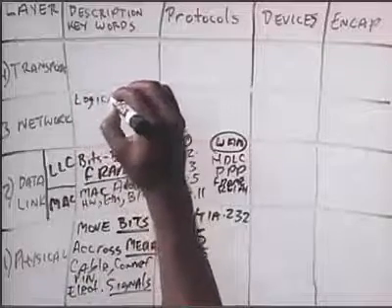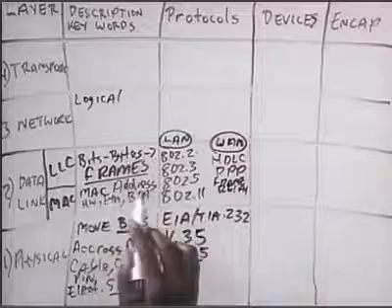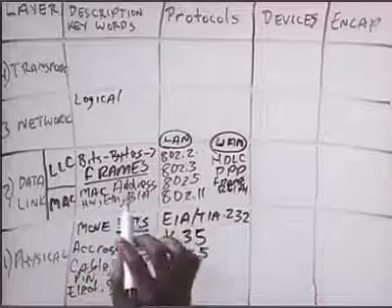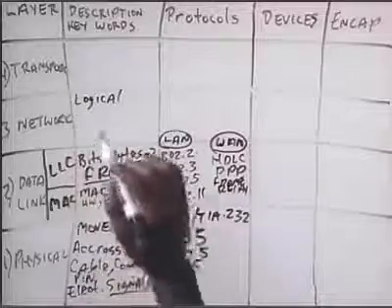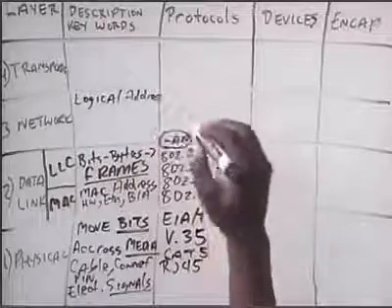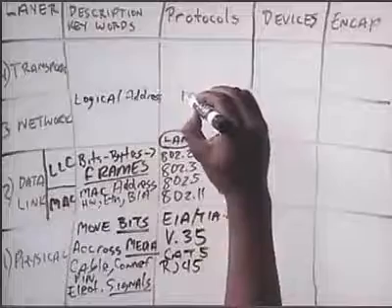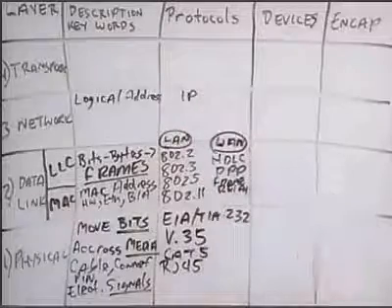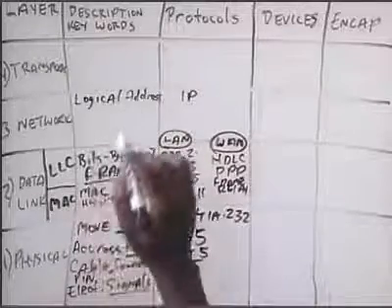Layer 3, the network layer, provides logical addressing which routers will use for path determination. So as opposed to the hardware address that you have here at layer 2, you have a logical address here at layer 3. An example of that logical address would be one protocol, IP, for IP address. The IP address would be a logical address.